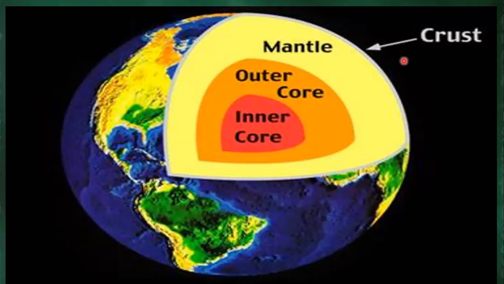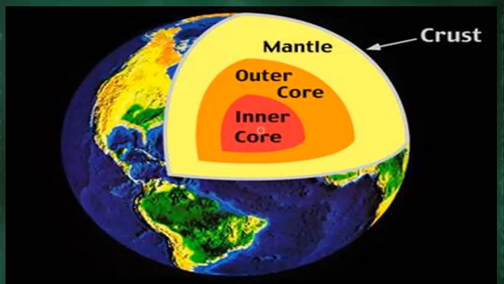So we have the crust here. This is the outer part, the crust, followed by the mantle here. And then we have the outer core and the inner core. So this is the structure of the Earth. The crust, mantle, outer core, and inner core.